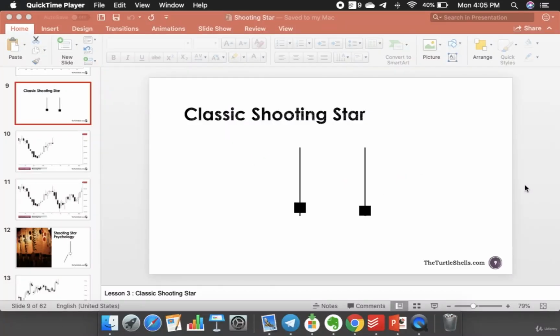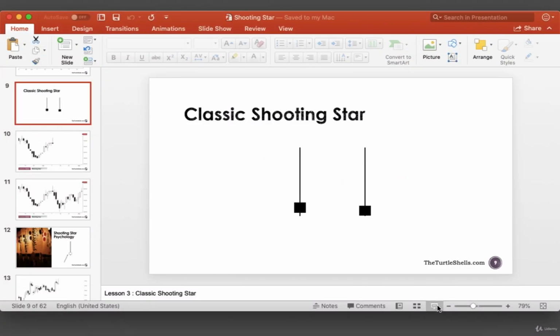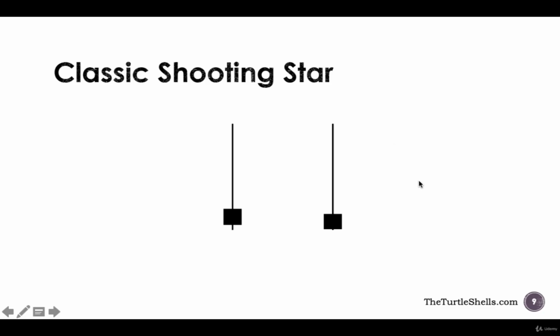Alright, let's look at what is a classic shooting star. We have looked at similar examples of this when we studied the hammer. So look at these two shooting stars. Both have a black real body, but this one I would prefer because it does not have a lower shadow.